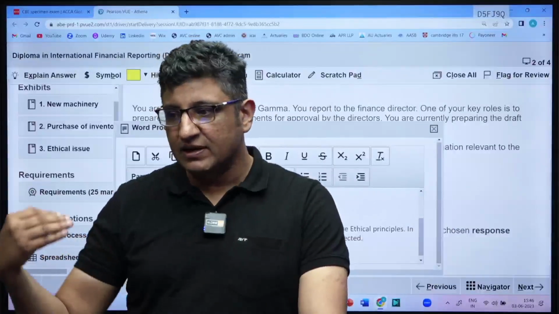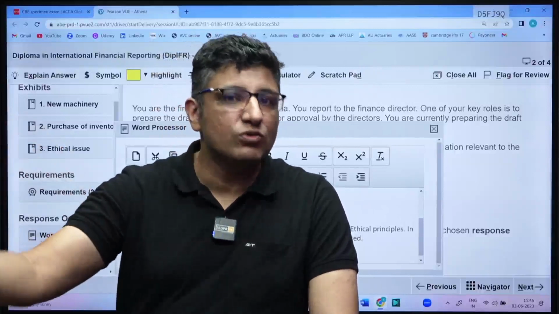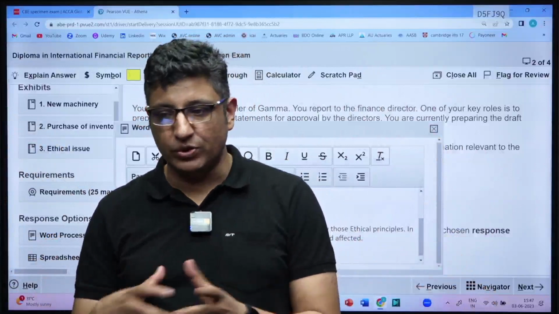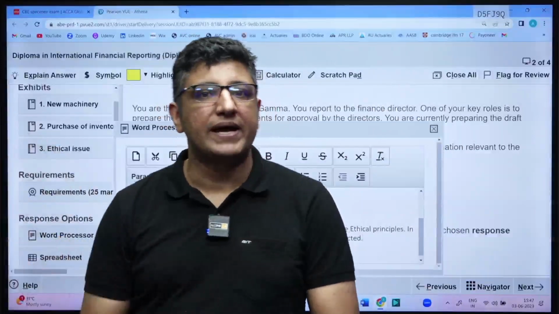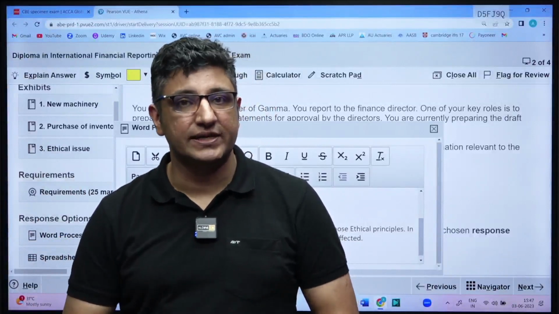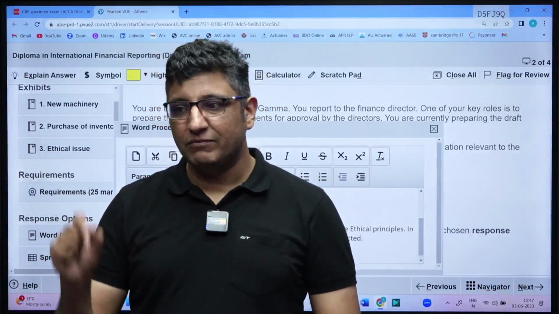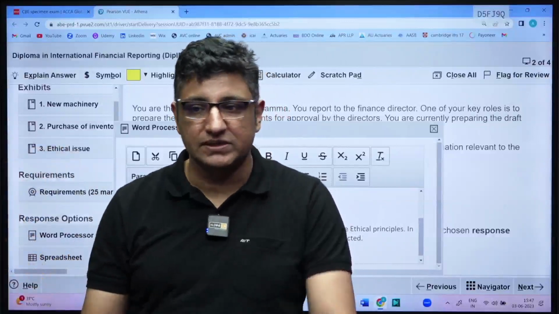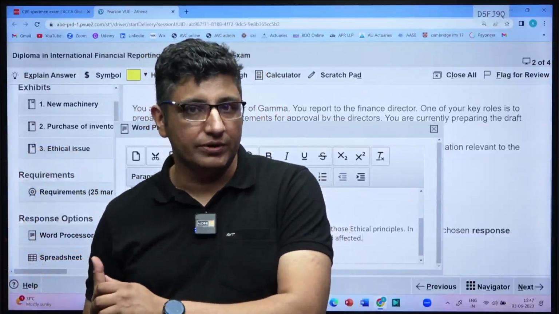So even though the finance director is trying to emphasize that we need to reflect a higher profitability by showing the inventory at a price higher than, or at its estimated selling price, as the question said, I need to be careful that I'm following that principle of integrity, that I'm not over-reporting my numbers, because there is a self-interest element involved.